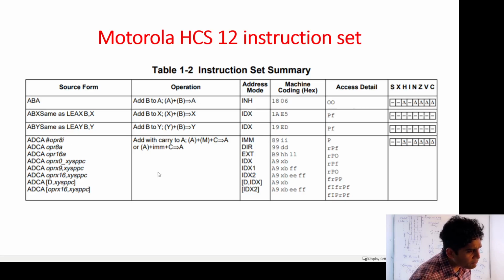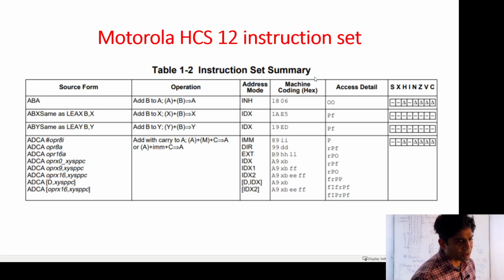And when you execute each of these instructions, this kind of layout shows which flags are affected. For example, when I say ABA, which basically says add B to A, A and B you can imagine as locations within the CPU, as registers.